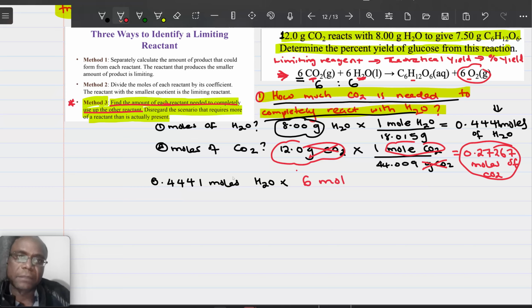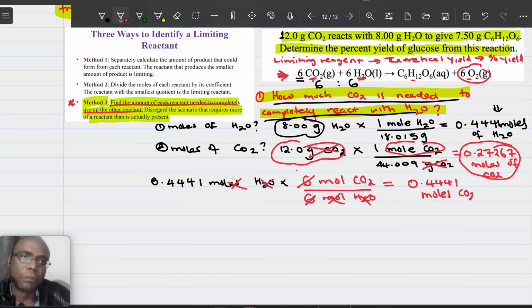For every 6 moles of CO2 in our balanced equation, we need 6 moles of water. 6 and 6 will cancel, moles of water will cancel, so we will need this many moles of CO2 to completely use up all the water. So that was test 1.